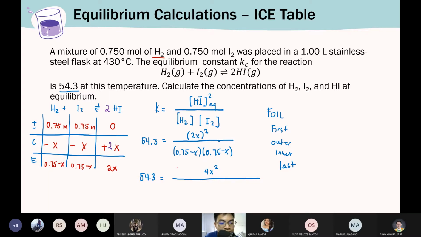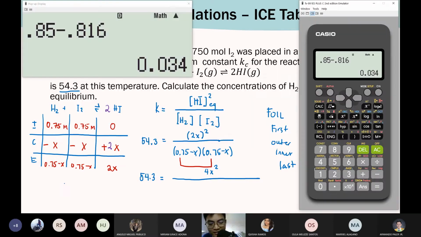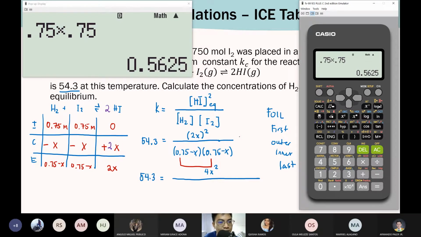FOIL method. First term. So, 0.75 times 0.75. Ano ang sagot? Yan i-calculate natin. 0.75 times 0.75 is 0.5625. Okay? Nakopya mo yan. Nasaan yung mouse? Nakawala na naman siya.